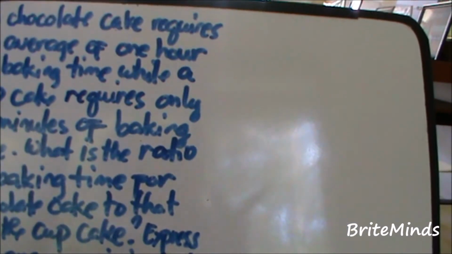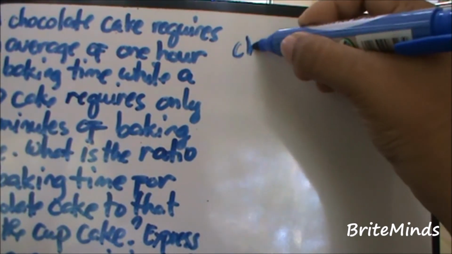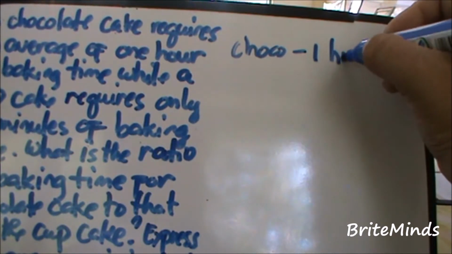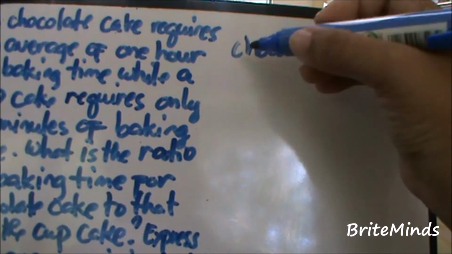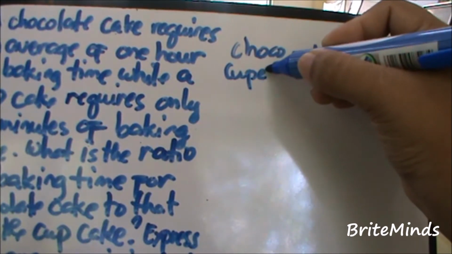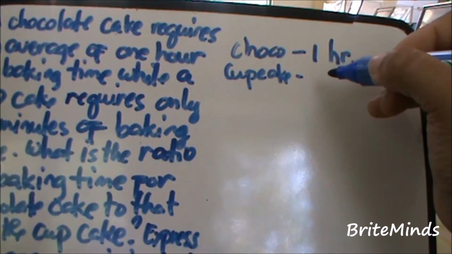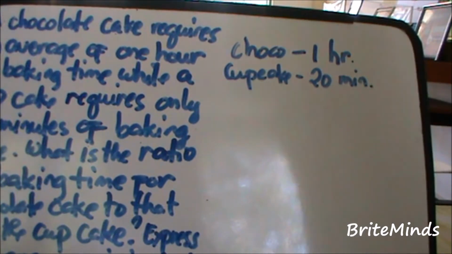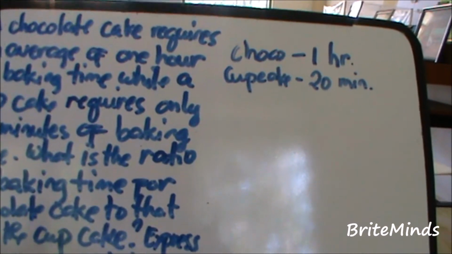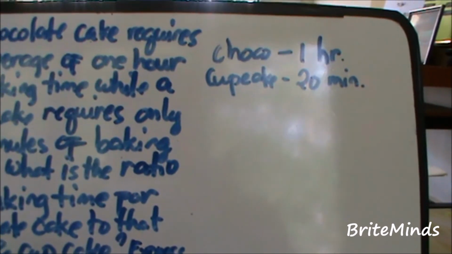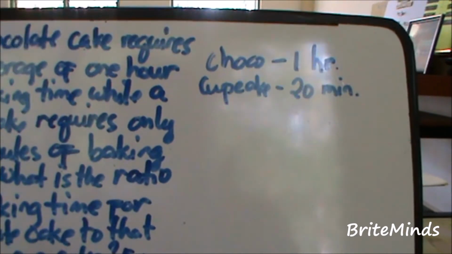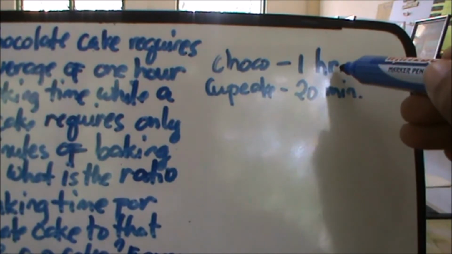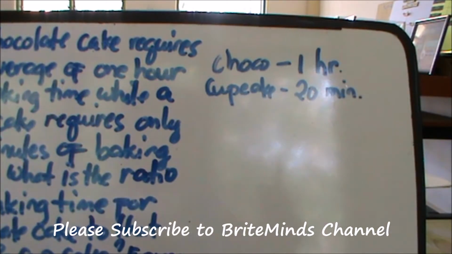For the chocolate cake, the average is 1 hour to bake, and for the cupcake, the average time is 20 minutes. We can observe that the units of measurement are different: we have an hour and we have minutes.